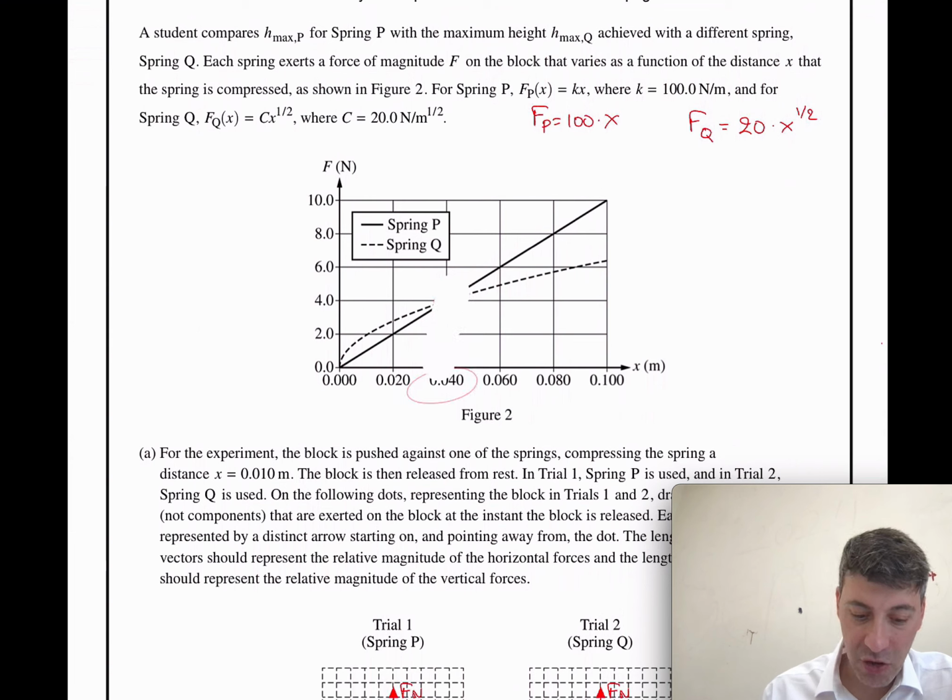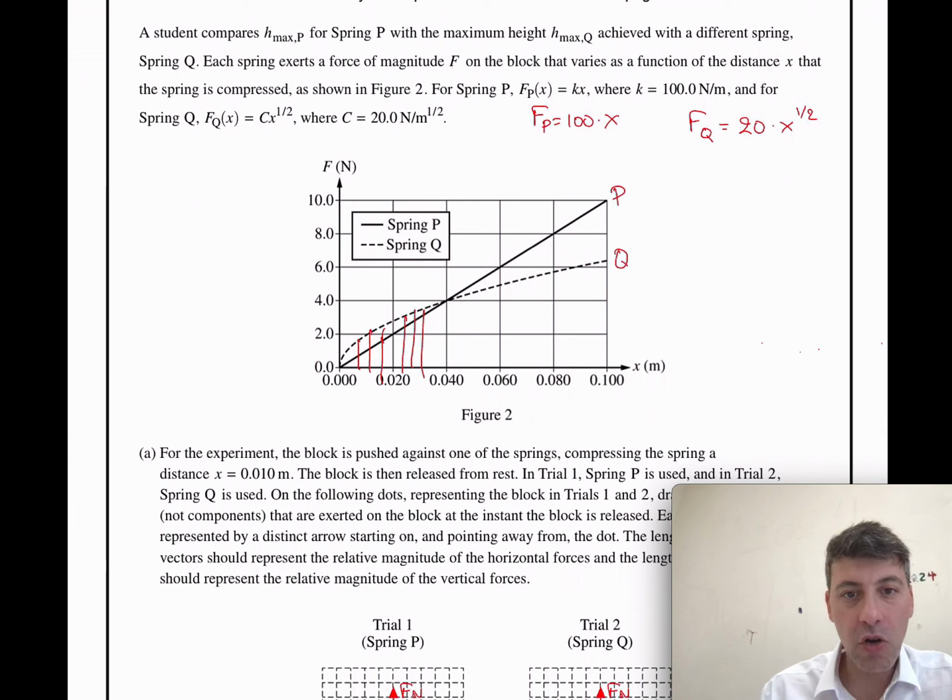And definitely it's not the same at 0.040 meters, because we have a relatively big value of work for spring Q, since the area under its graph is slightly greater than the area under the graph for spring P. So we need to figure out at what distance these two areas will be approximately equal, and this will definitely be at a distance, we don't know exactly where, but greater than 0.040.